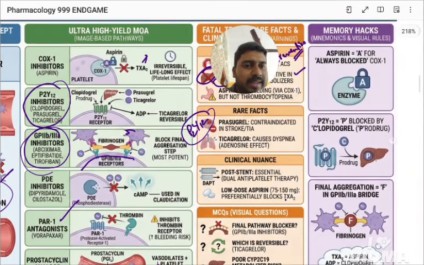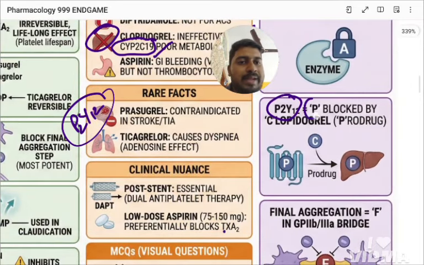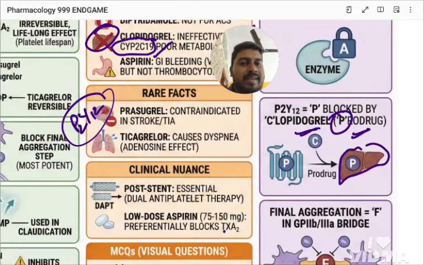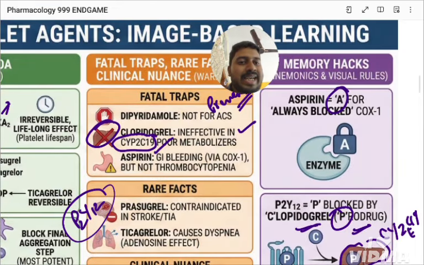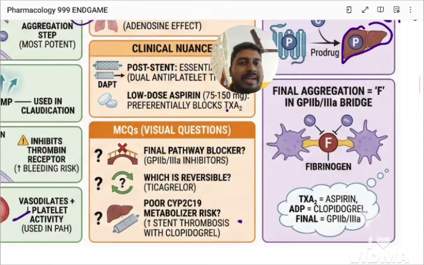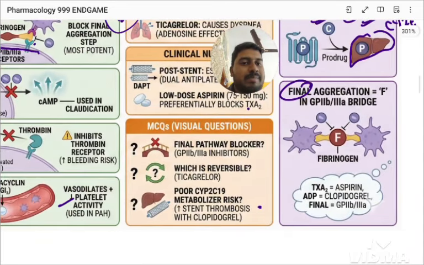So this is how you remember certain things. See here, P2Y12 is blocked by clopidogrel, which is a prodrug. CYP2C19, somewhere E is also there, just remember this much. Next, aspirin blocks the COX-1 enzyme, okay. Next is the final aggregation step, GP2B3A.